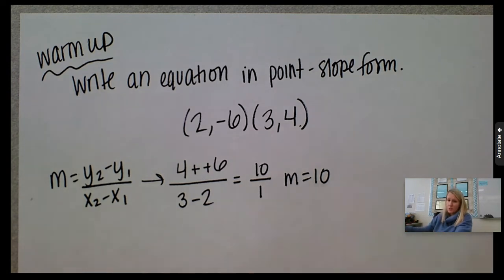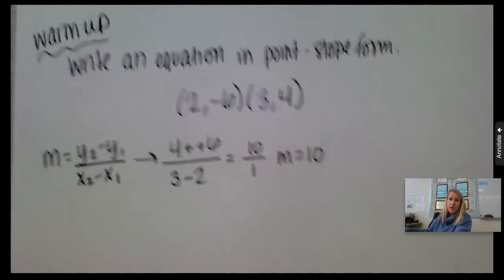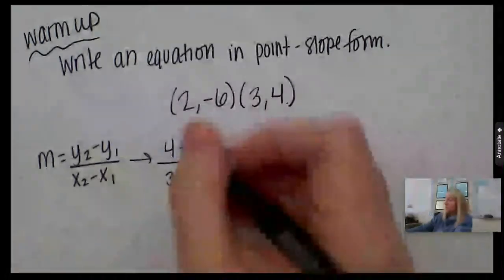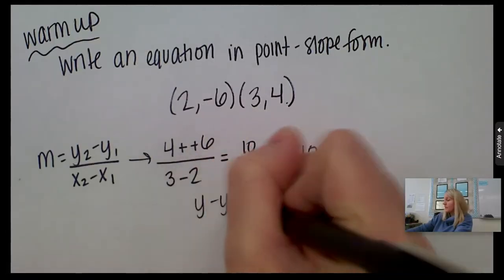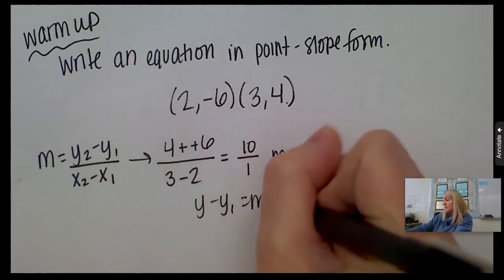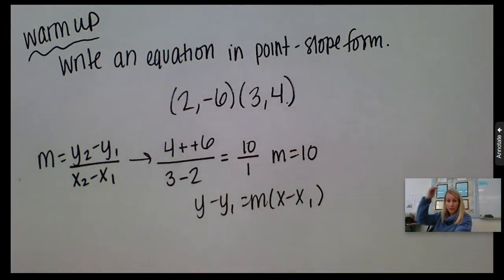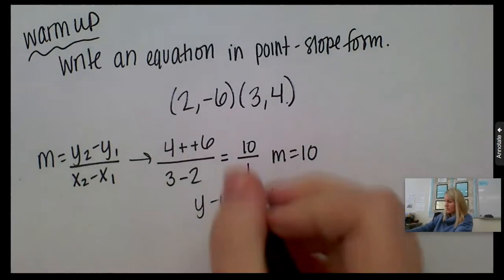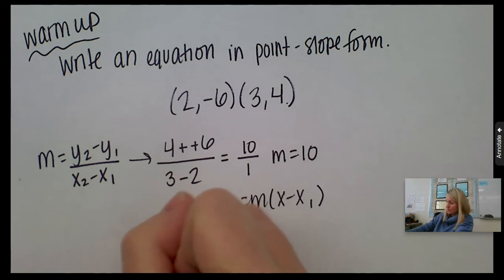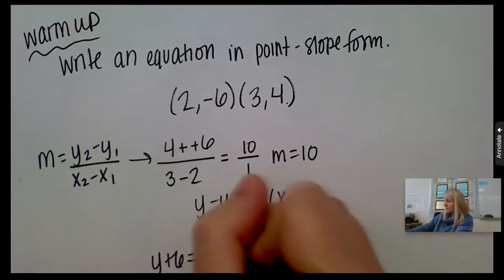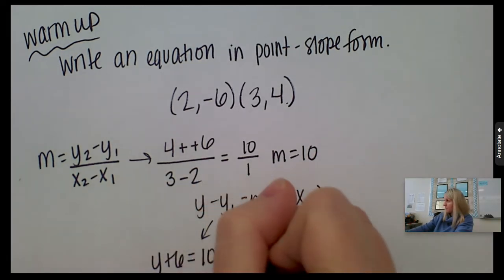And now pick a point. Out of habit, I usually just pick the first one. It really doesn't matter. I'll write it both ways. You do need to know point slope form though. It's y minus y1 equals m parentheses x minus x1. You could have had 2 versions. With the first point, it would have been y plus 6 equals 10 parentheses x minus 2.